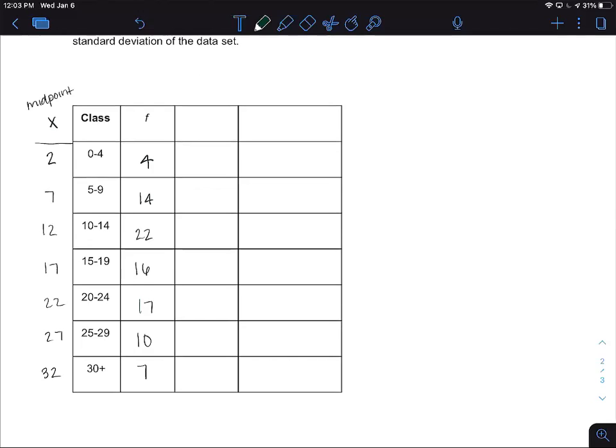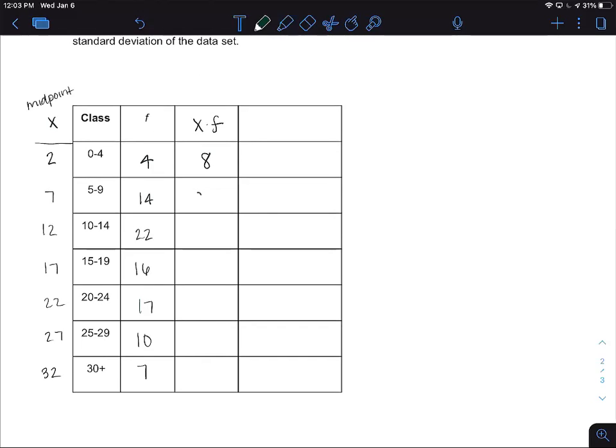Okay. So first thing we have to do is find our mean. So to do that, remember we do x times f. So 2 times 4 is 8, 14 times 7, I'm not going to do that in my head.